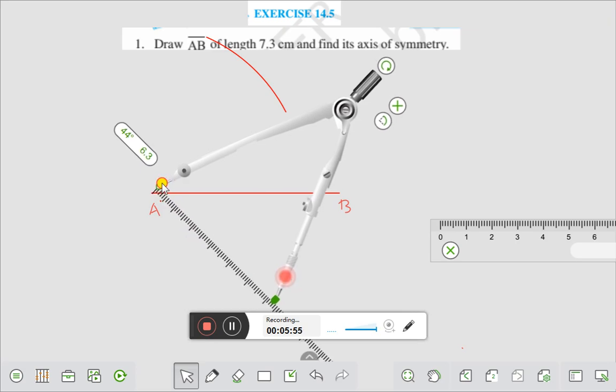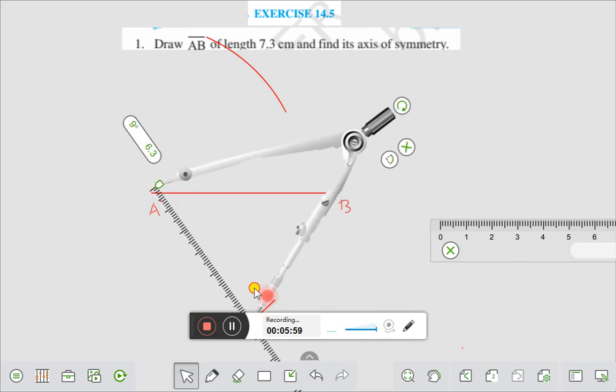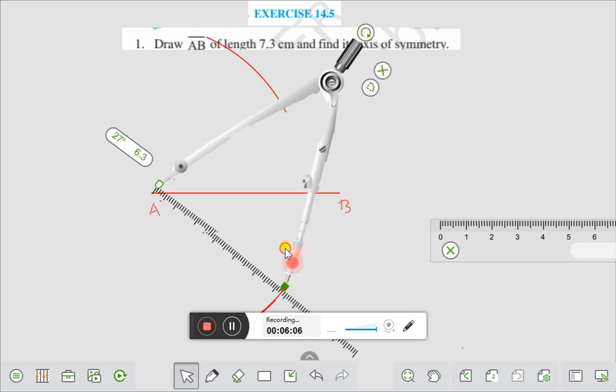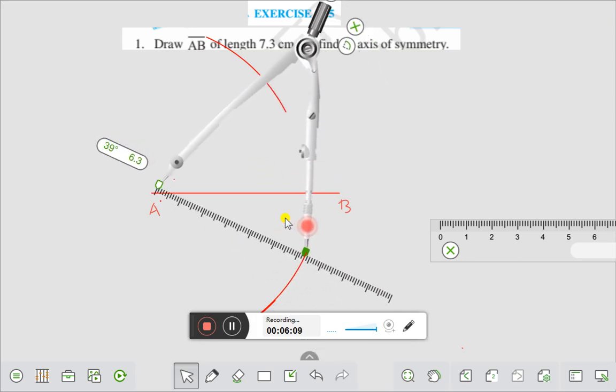This is point A. Let us take another curve here, right?